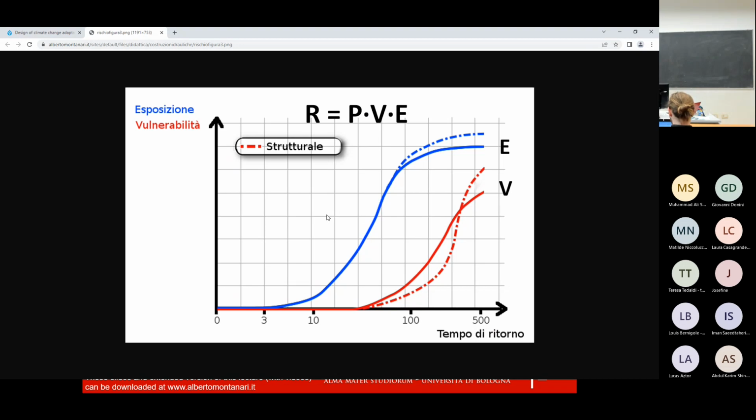And usually the structural intervention is characterized by an upper limit of this range. Like, for instance, if you put a cooling system in place to contrast a heat wave, of course, you have an upper limit after which the cooling system is not protecting you anymore. This is a first example.